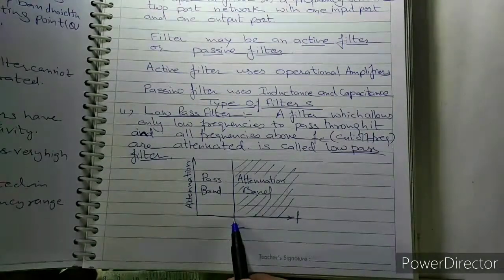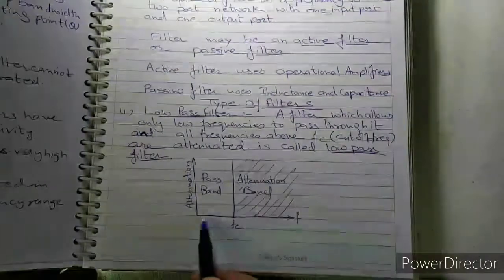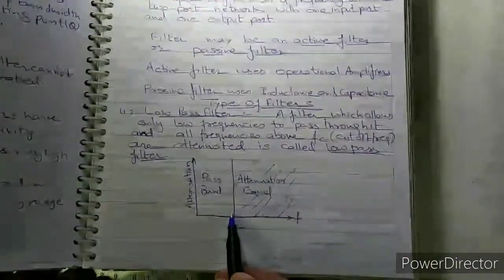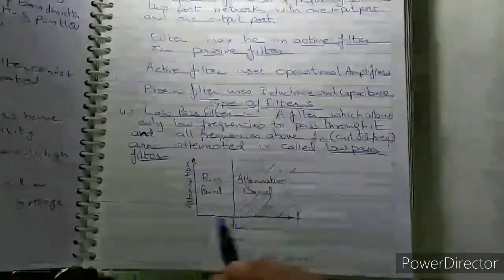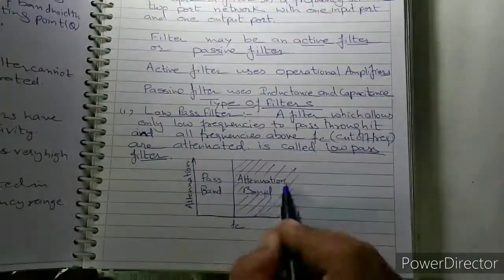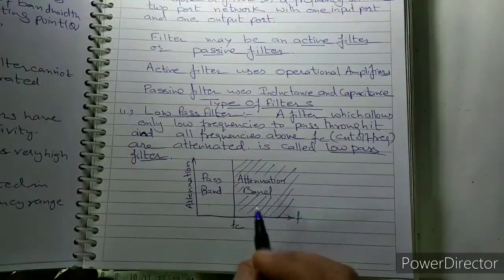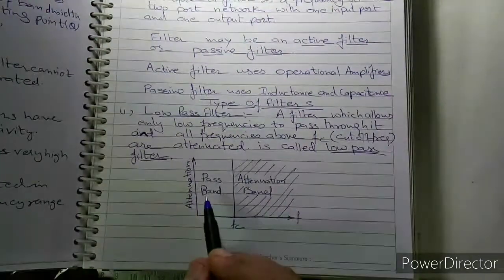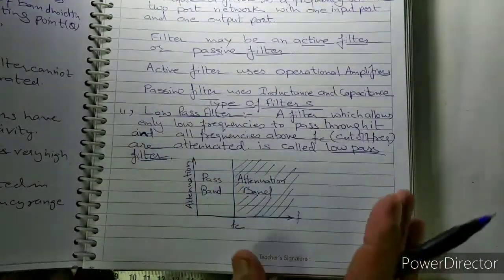This is the cutoff frequency. The lower frequencies from the cutoff frequency are passed. So this is the pass band, and the higher frequencies above the cutoff frequency are attenuated. So this is attenuation band. Therefore, because low frequencies are passed, it is called a low pass filter.